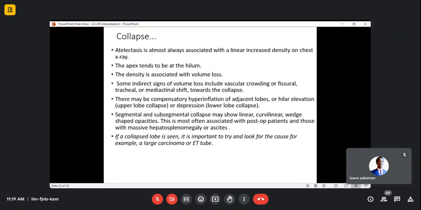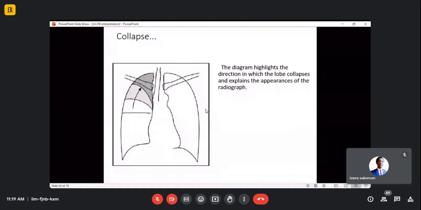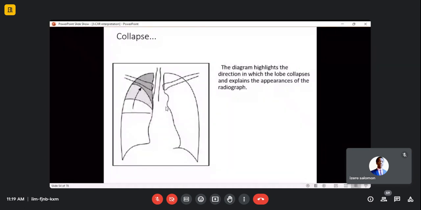Now, this diagram is just the same as what you have just seen. They have drawn this. Look here, because normally the horizontal fissure goes from the hilum to the periphery.